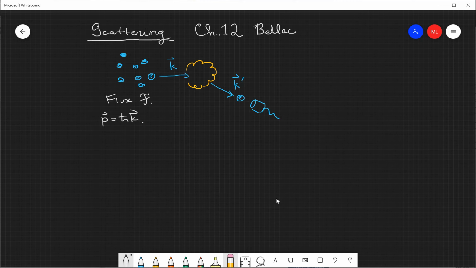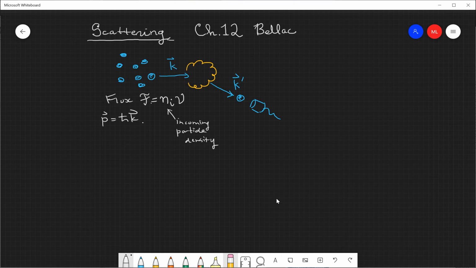And usually this flux F, we know it in terms of the incoming particle density and the speed of the particles. So that's the flux in that k direction.